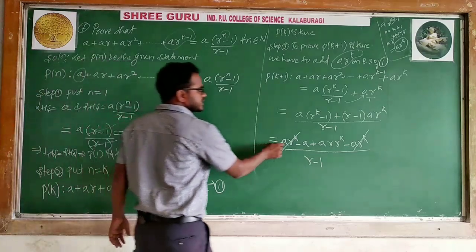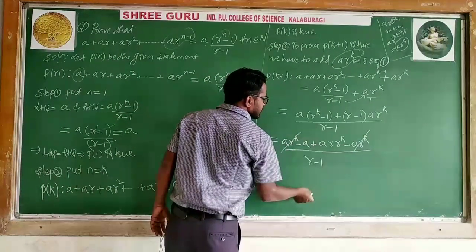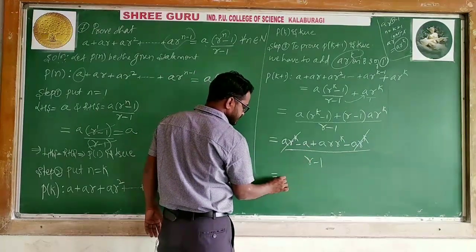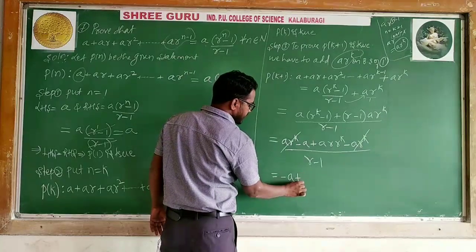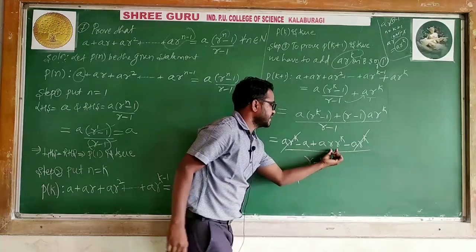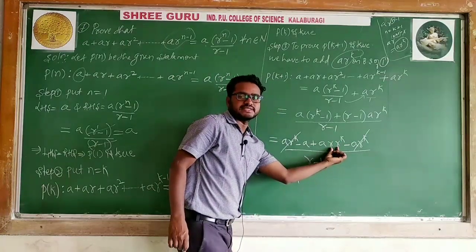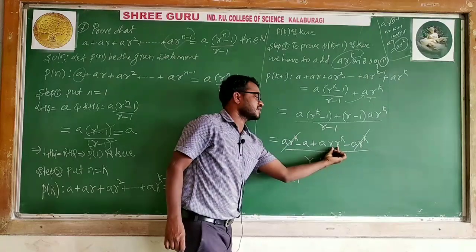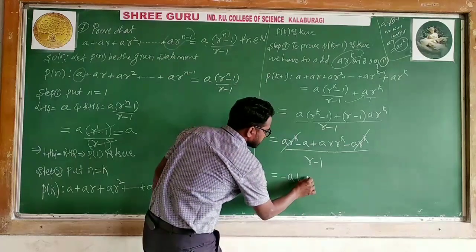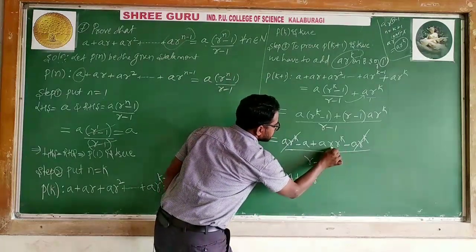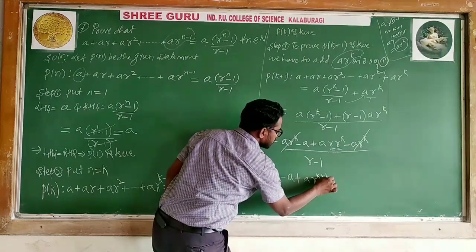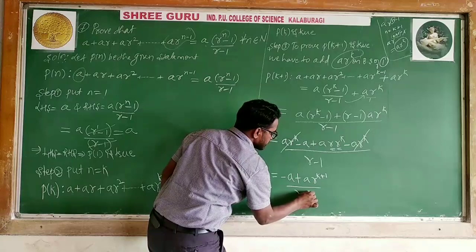Can I cancel them? Then what remains is minus A plus A into R to the power k plus 1. Bases are the same, powers I can add: R to the power k, times R, is R to the power k plus 1, whole divided by R minus 1.